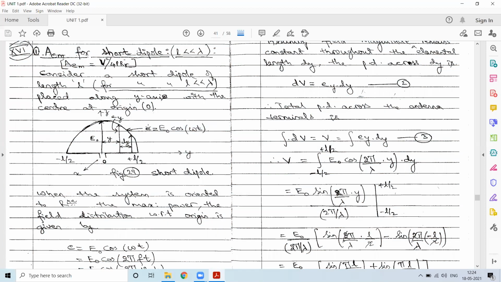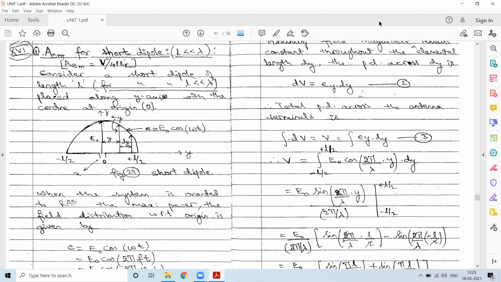After this, what we did is identify the potential difference, that is V, along this dipole. And the radiation resistance, we had seen what is the value for the short dipole, and the P value in terms of electric and magnetic fields, in which we used the power density equal to the cross product of E and H. And then we used the equation intrinsic impedance is equal to E by H. Based on that, we obtained the equation for the maximum effective aperture.